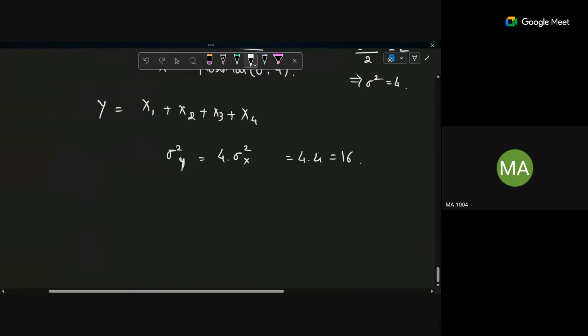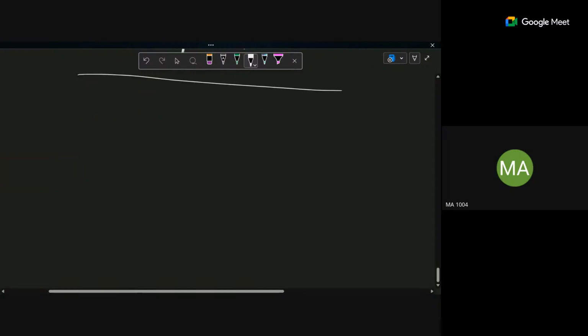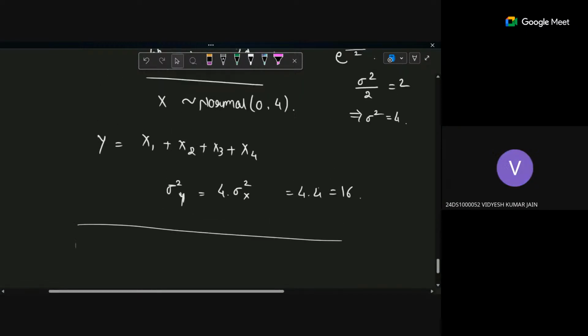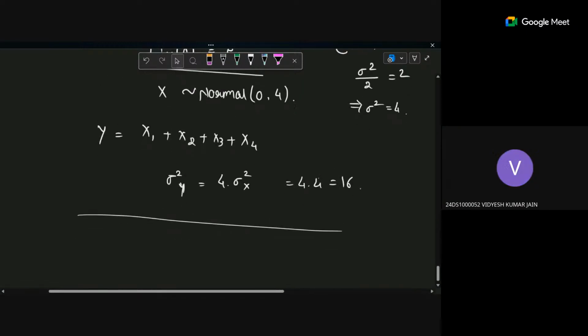So this was the short one. Instead of x1 plus x4, if we have x5, then it will be 5 times 4, so 20.